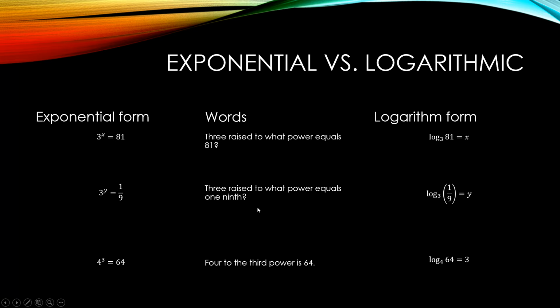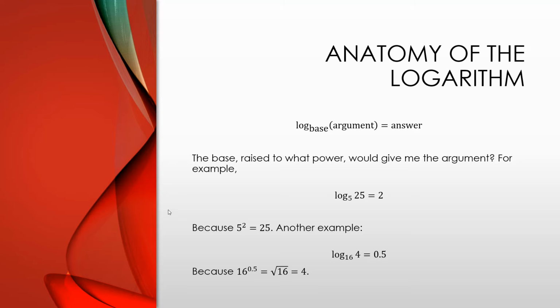It looks like a lot, but really what you want to keep to heart right now is this word-based question. 3 raised to what power, or my base, whatever my base is, raised to what power gives me these numbers here? And that's what you're going to want to keep in mind here.